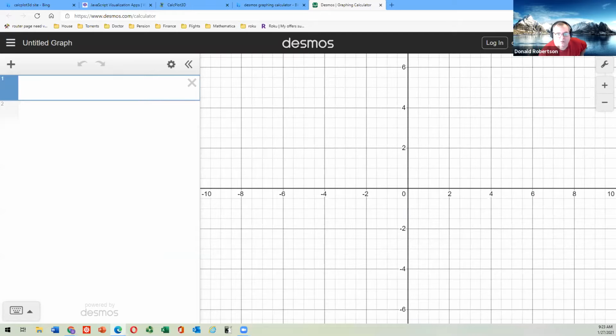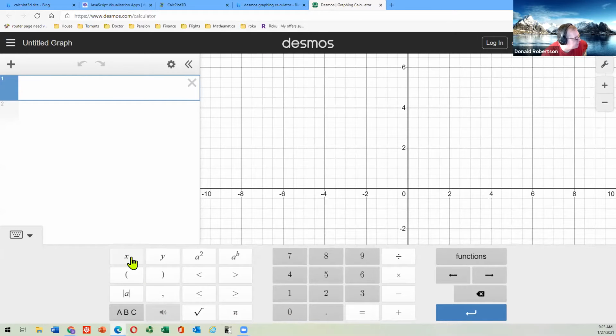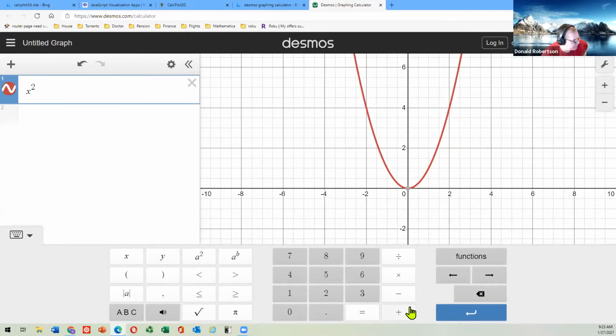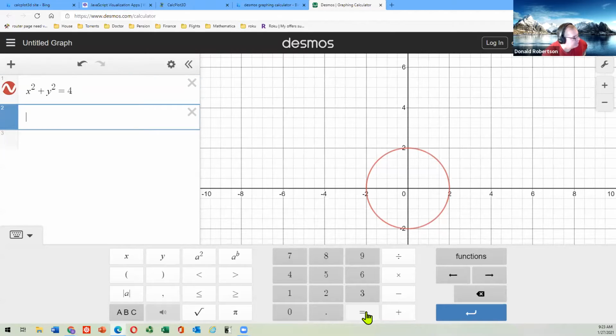Right. So what we're going to do with this is type in that information that was in those questions. So the first one, if I kick this little thing up, it might make my life easier. It's going to be x squared plus y squared, and it's going to equal 4, which is what we'd expect, right?